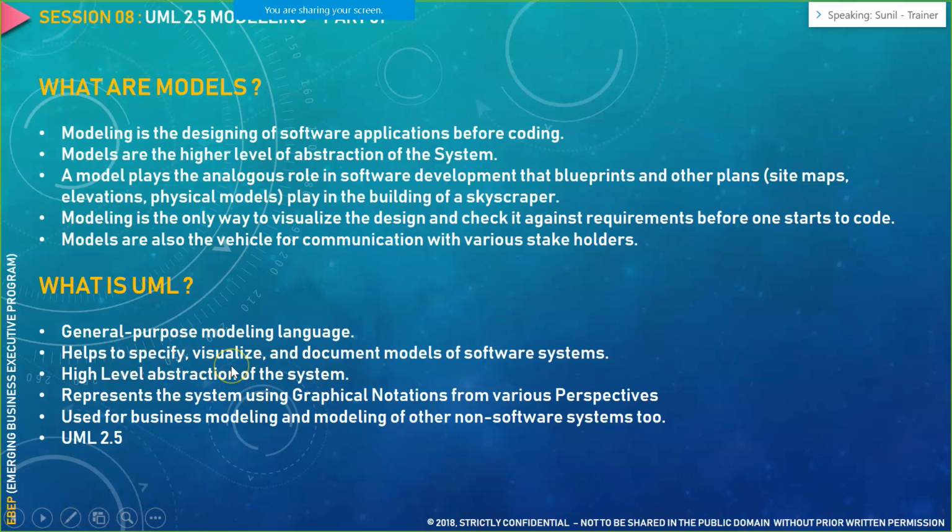Like I said, it's a general purpose modeling language wherein you would be creating some artifacts wherein we should be able to visualize and document the models of the software system, how our end software would look like. Then it gives the high level abstraction of the system. Now, what is the abstraction? Abstraction is the view of the system, how your system would be working at a very high level.